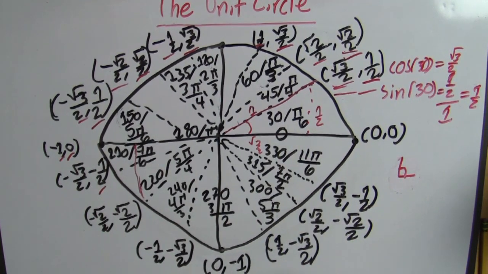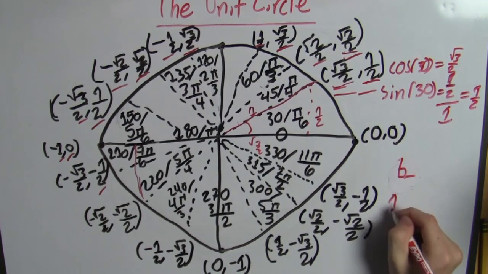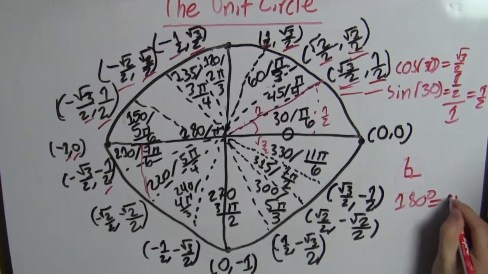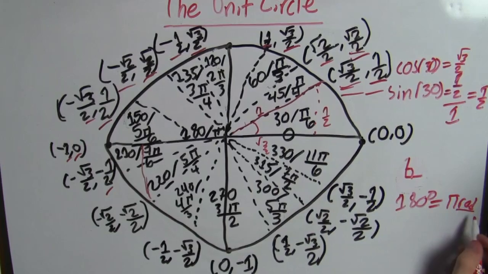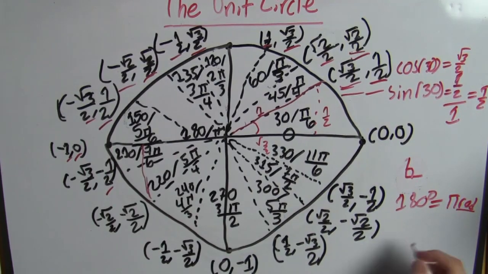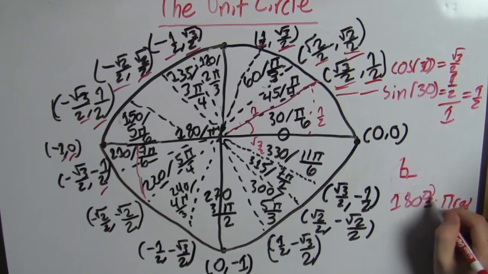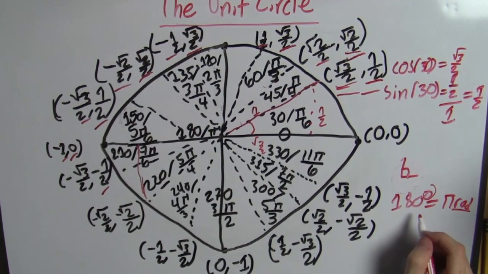And the conversion factor is that 180 degrees equals pi radians. You usually see them written as rad, or just radians. That's the notation. Of course, degrees have that little circle above it. So that's the conversion factor.